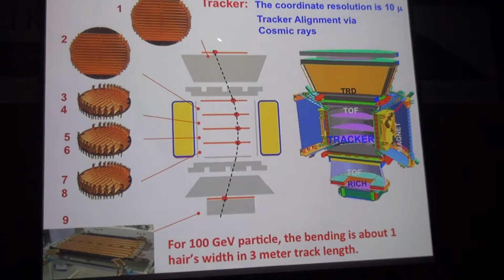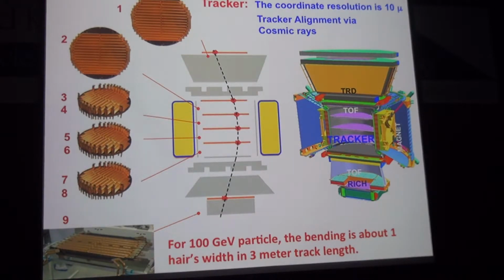And this picture shows the tracker. It's built from silicon detectors into ladders. Total 9 layers, with 3 of them double layers, to measure the momentum.